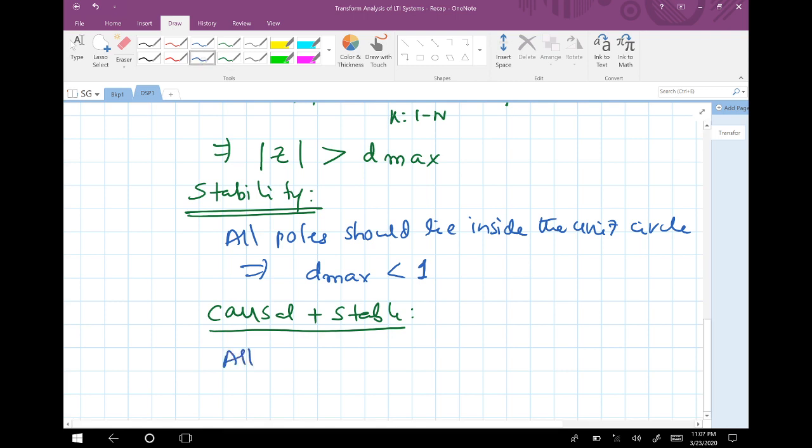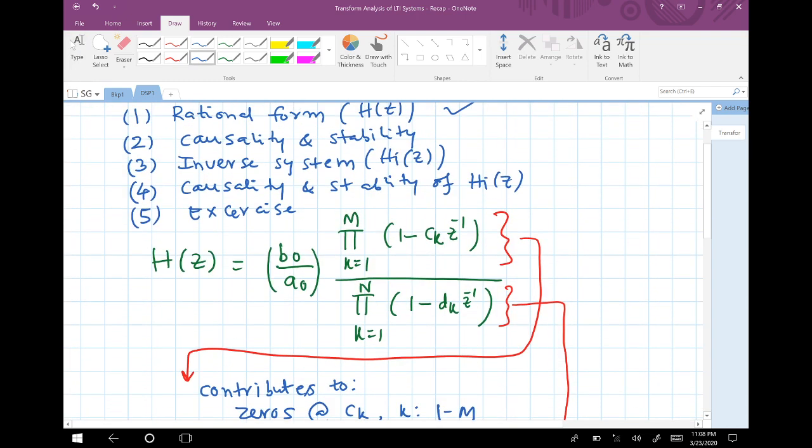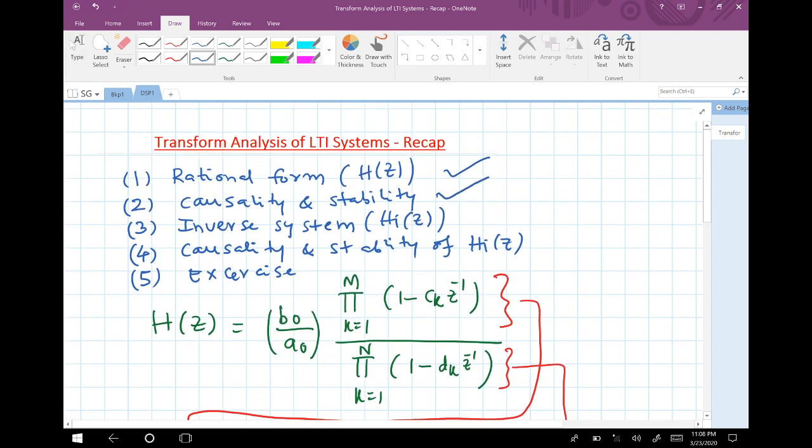That means all poles are inside the unit circle, and the ROC is outside the outermost pole. What is that value here? That's d max here, right? Those are the conditions. So that's as far as the causality and stability of H of z is concerned.